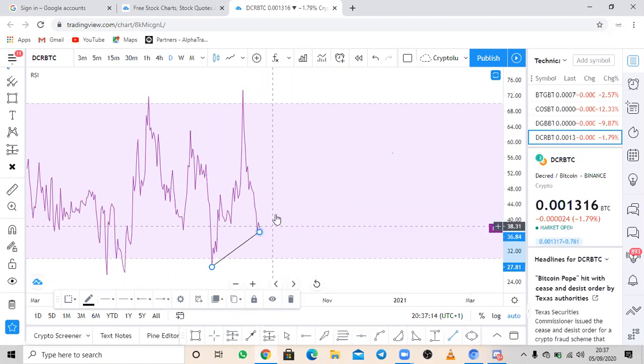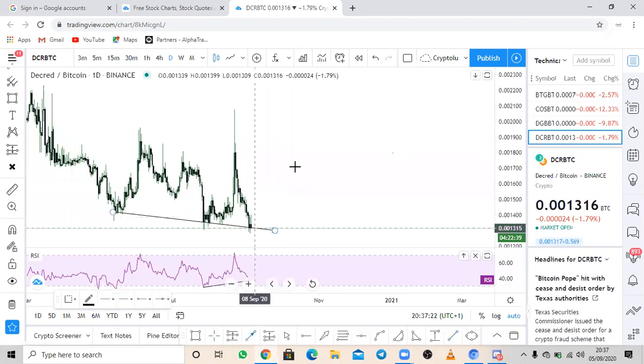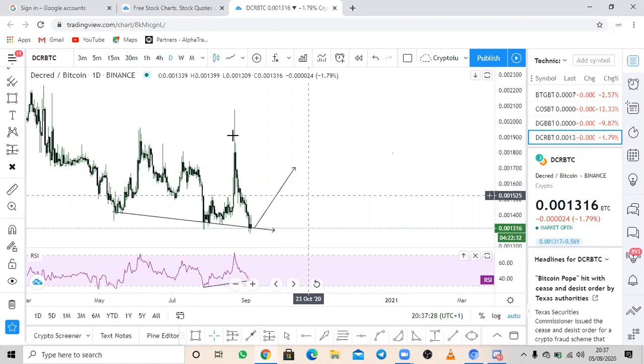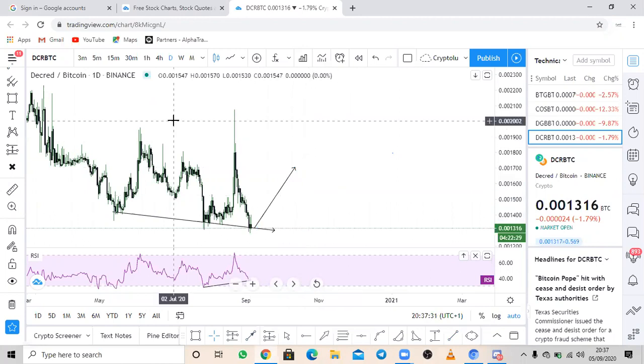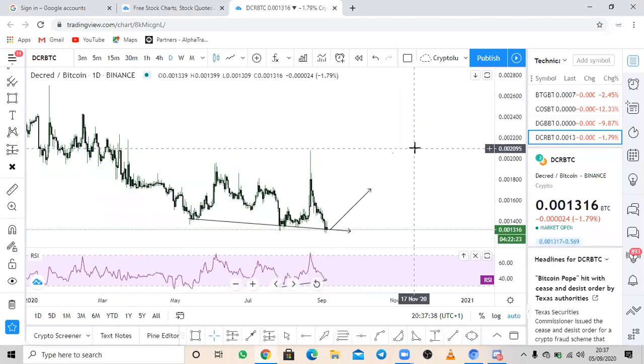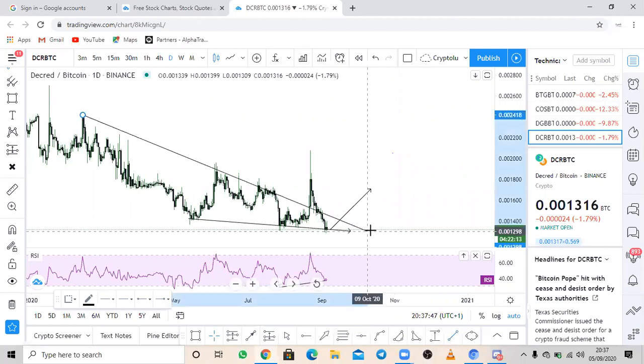So I'm expecting something like this from this BTC, while I check for my stop loss on the 4 hour. I think we even have the resistance trend line from this point here. No, no, no, this is not valid.